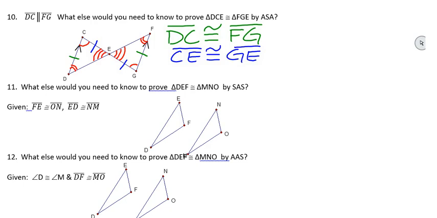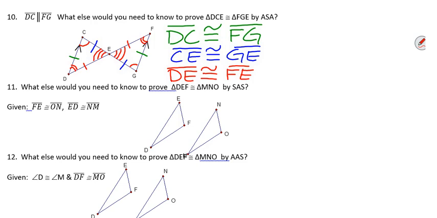Or we got one more choice we could have done. We could have said DE is congruent to FE. And remember, when you're writing these statements, you want to go from, like when I did DE, I went from 2 arcs to 3. So when I say FE, I'm going to go from 2 arcs to 3.